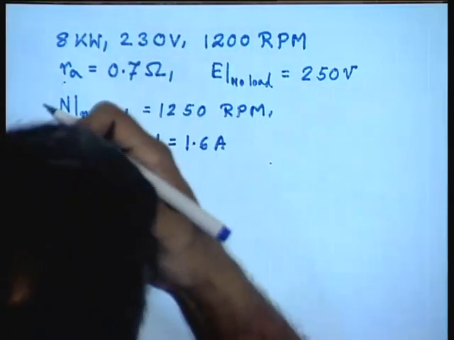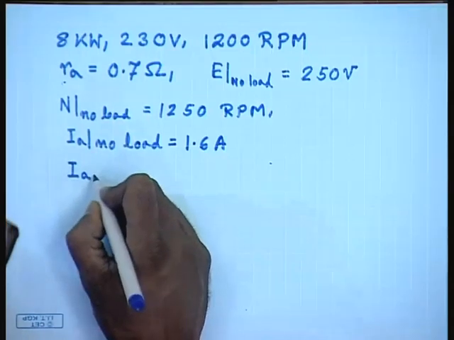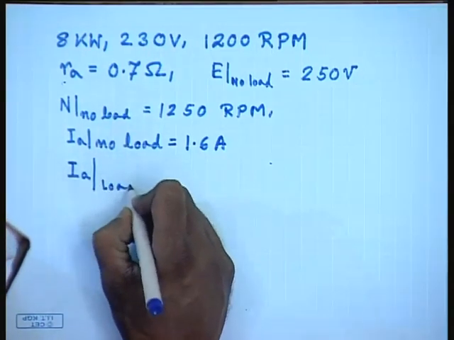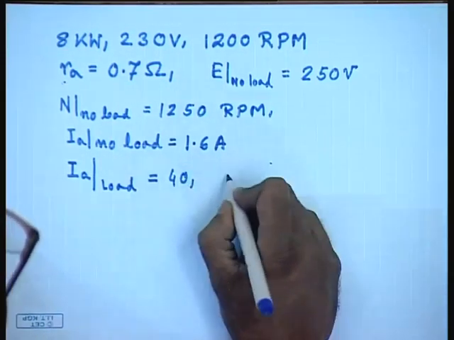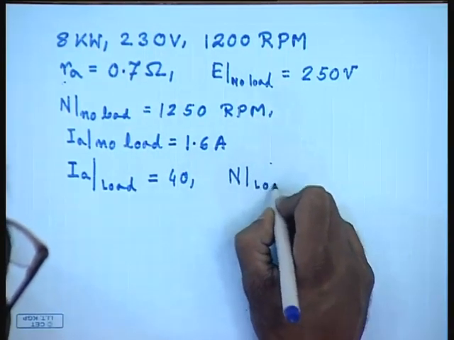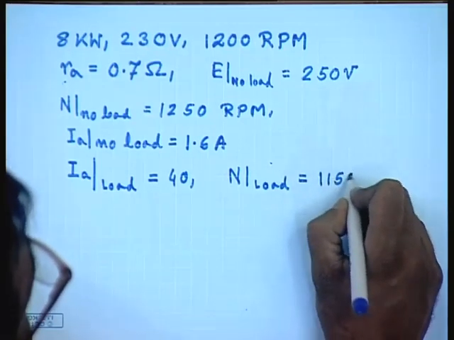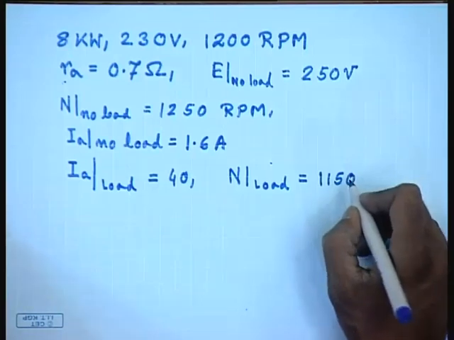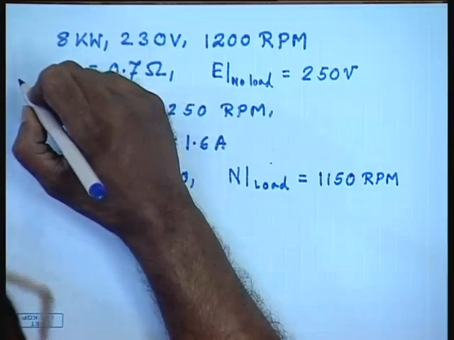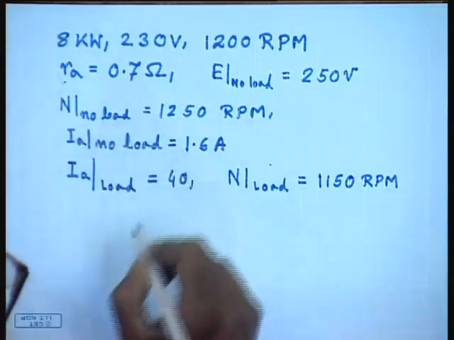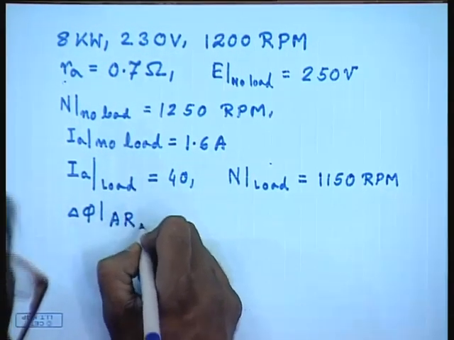Now, under this condition we apply a load such that under loaded condition Ia becomes equal to 40 ampere and N at load becomes equal to 1150 RPM. Find out how much reduction in flux per pole happens, delta phi f, due to armature reaction.